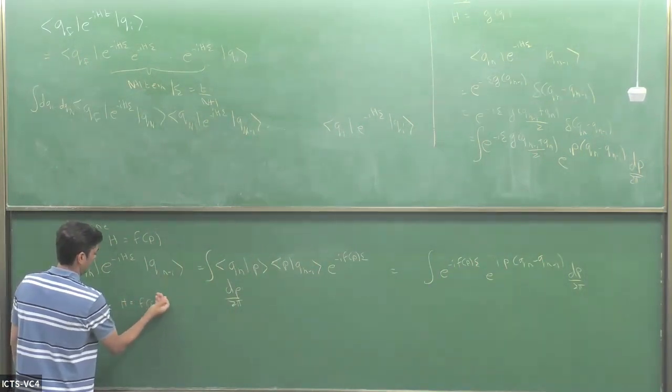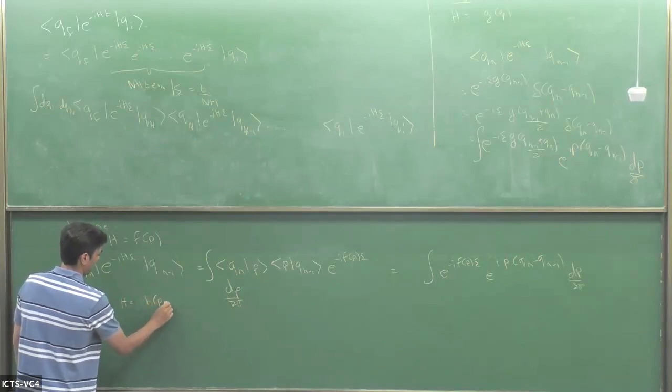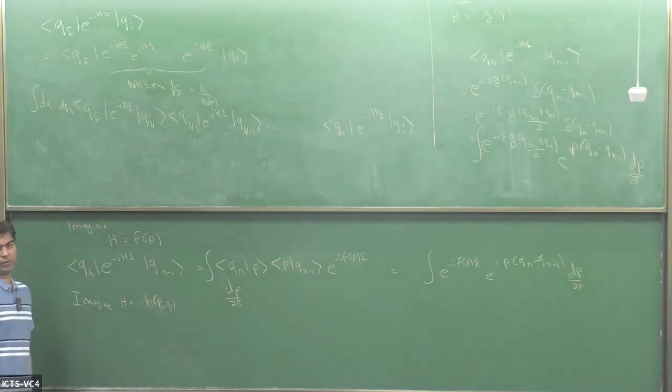Now imagine that h was of the form, some function which looks like f of p, let's call it h of p, q, which could be a sum or some other function.